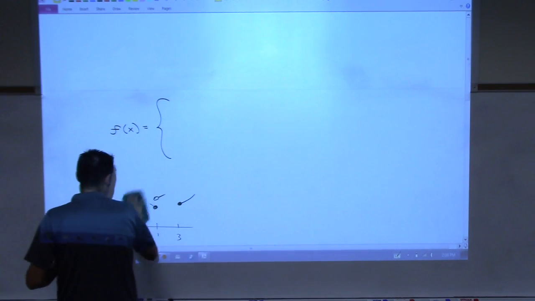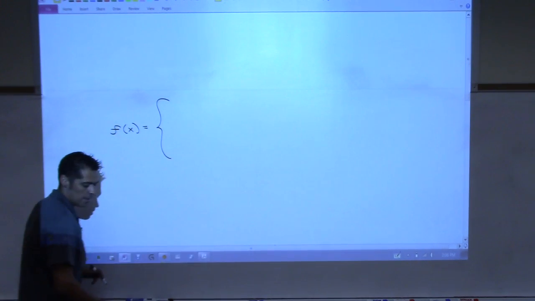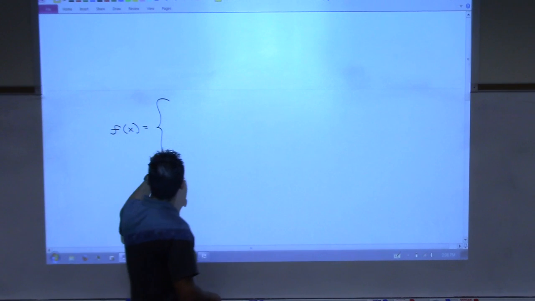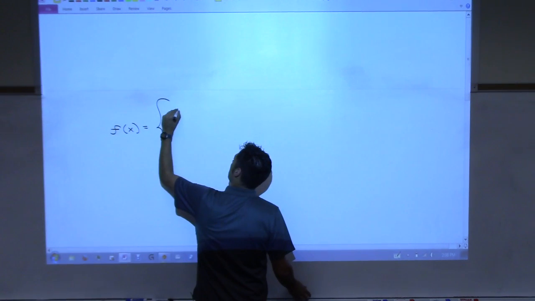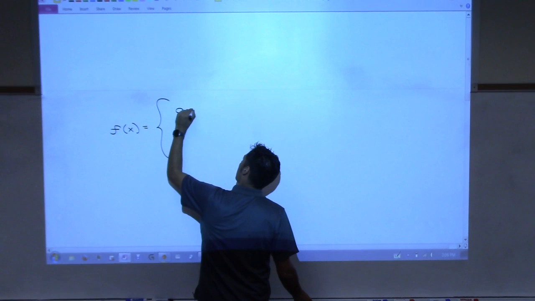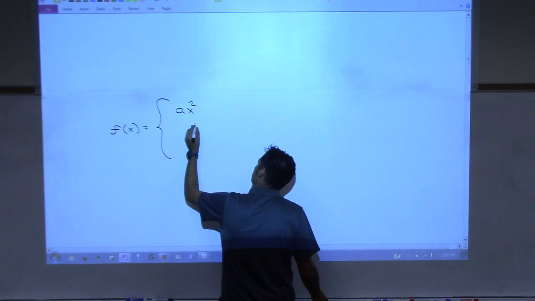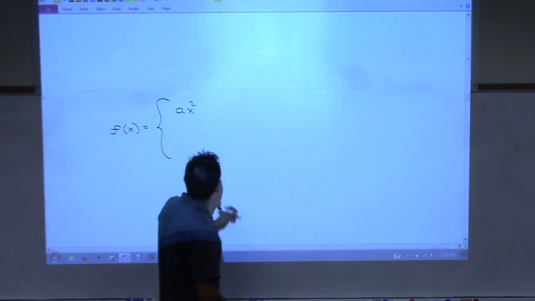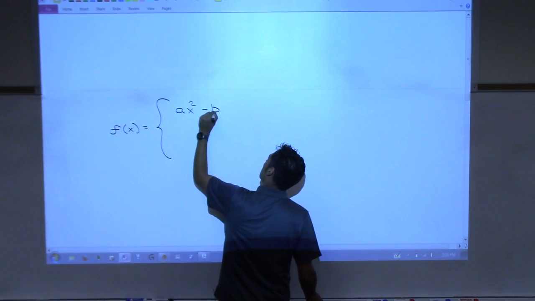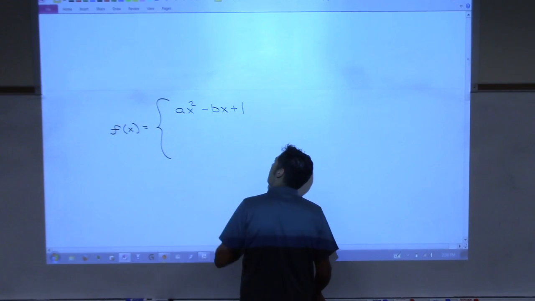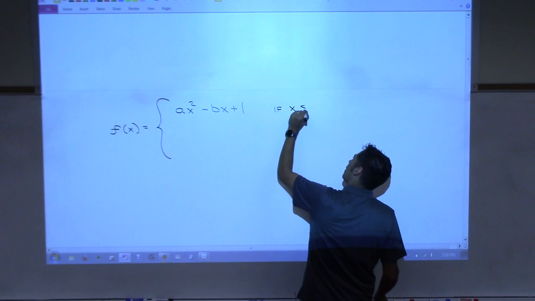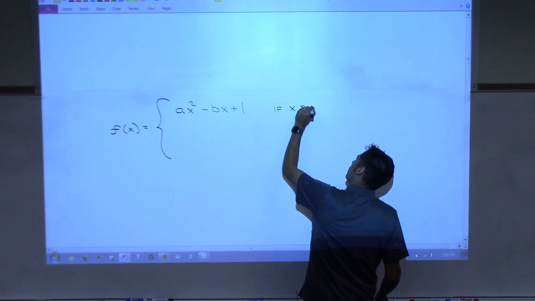All right, here's a function, another piecewise. Here it comes. I'm making this problem up, so I don't promise a good answer. We might have a nasty answer. I'm going to try and keep within the same reason of the other ones in the book. Let's say we have ax squared plus bx plus 1 if x is less than -1.